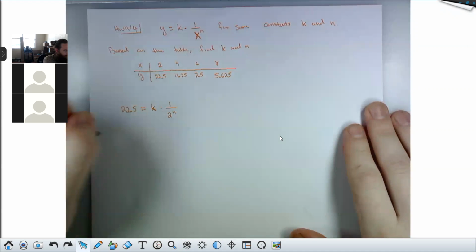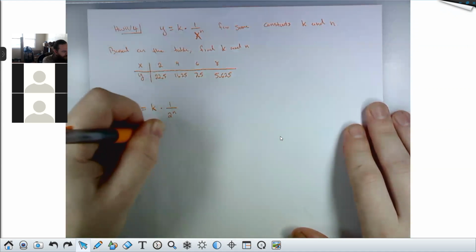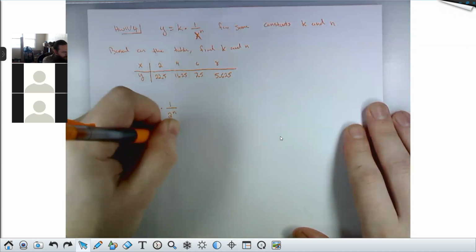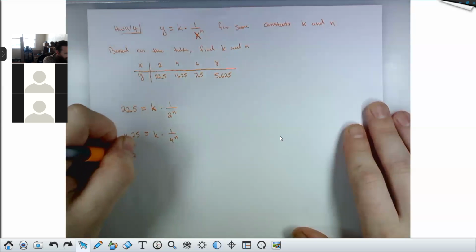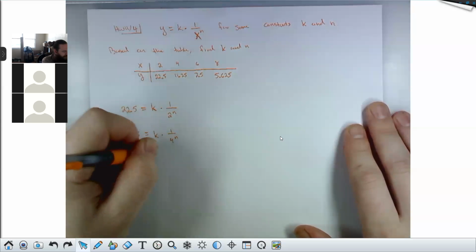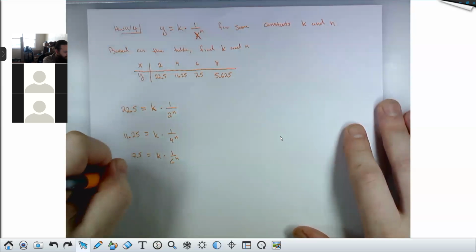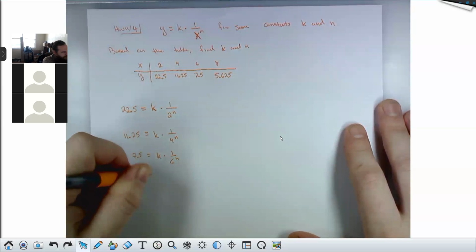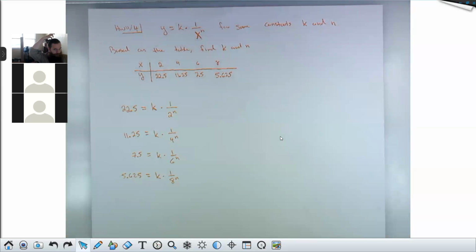I also know that 11.25 must be equal to k times 1 over 4 to the n. We can keep going like this. 7.5 must be equal to k times 1 over 6 to the n, and 5.625 must be equal to k times 1 over 8 to the n. I'm just taking each ordered pair from the table, like 2, 22.5, and plugging it in for x and y in this equation.